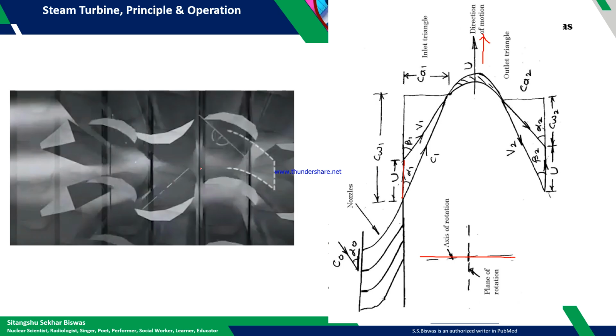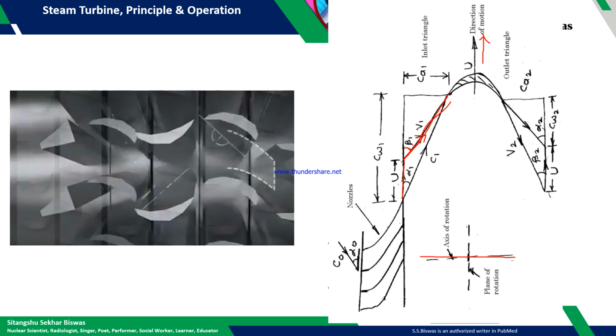After the nozzle, while the steam jets are hitting or entering into the surface of the blade, let's say that velocity is v1, and the angle is beta 1.